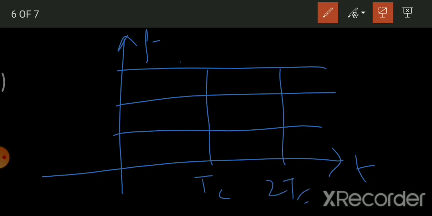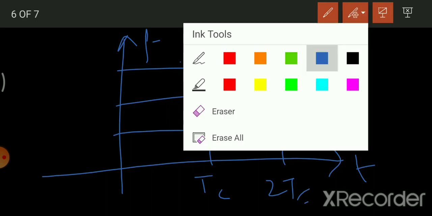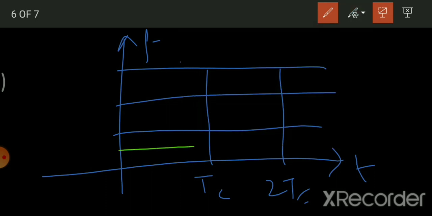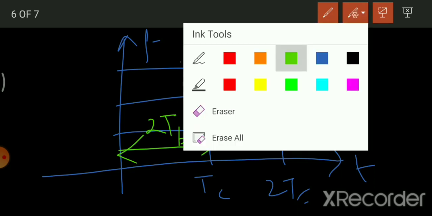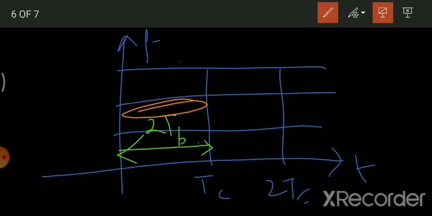Let us say TC is equal to 2 or 3 times TB. So this here is equal to twice TB. You can see it requires 2 bit durations to have one change in the carrier frequency. It takes one frequency here, then it takes another 2 TB to go to another frequency.